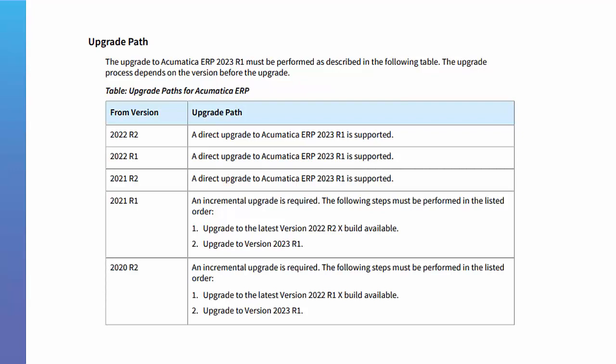So if you are on a version older than 2021 R2, you are currently on an unsupported version and you want to make sure you start your sandbox process and get upgraded as soon as possible.